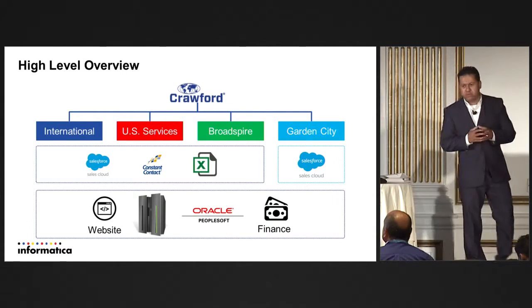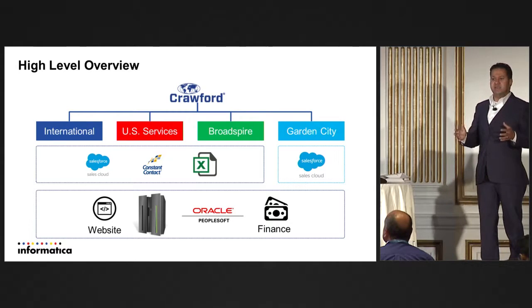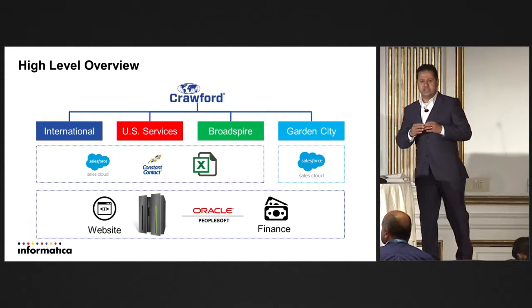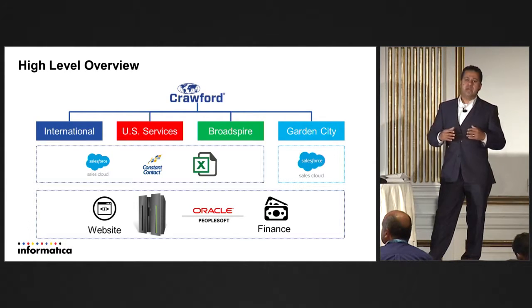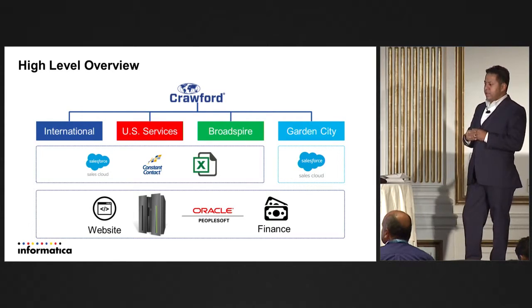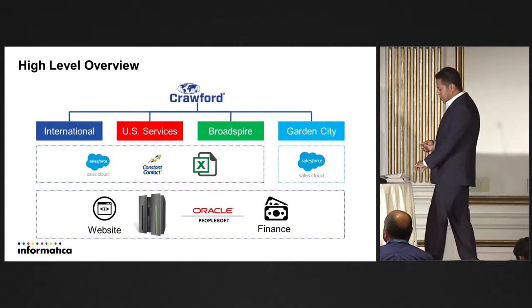We have 4 different segments: the international segment, US services, and Broadspire, backed by Salesforce.com Sales Cloud, as well as Constant Contact, Excel spreadsheets, and traditional IT ERP in your back office support system. Garden City Group is also a Salesforce.com org that is in place to support their customer needs.